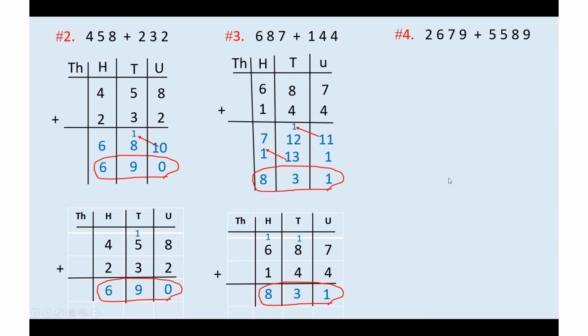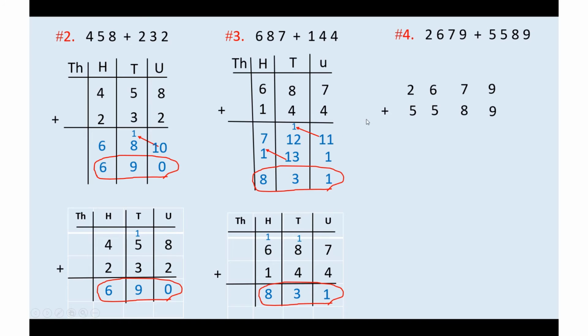Example number 4. We have 2,679 plus 5,589. We arrange it in the same way. This 9, we write 7, the 6, and 2. This number just at the bottom, 9, 8, 5, and 5.